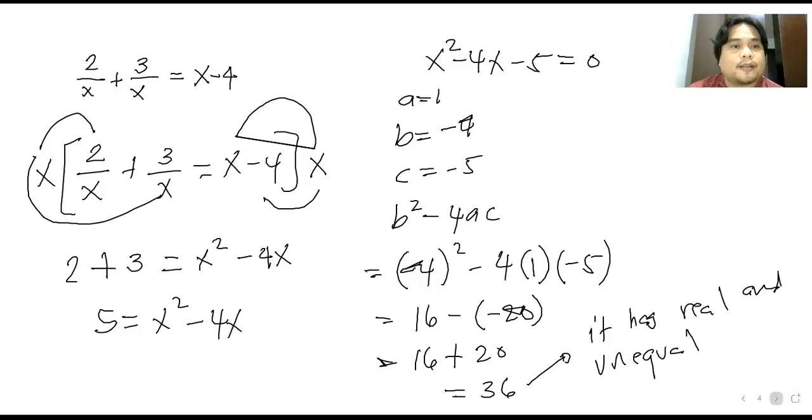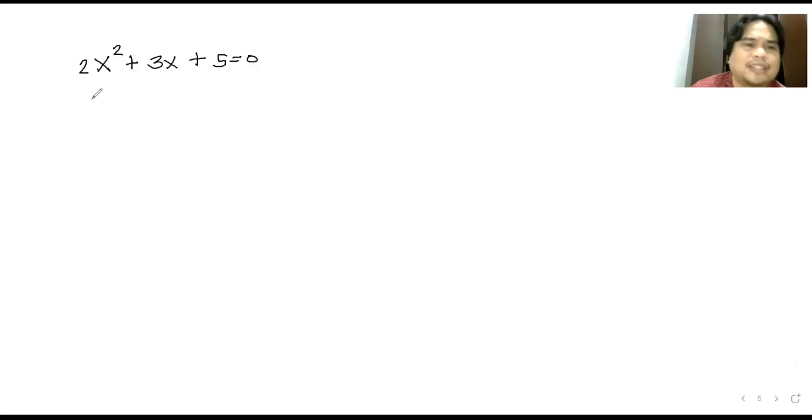Okay. Lastly, let's look at our last example. You have here 2x squared plus 3x plus 5 is equal to 0. In this case, you don't have to do any manipulation because the equation is already expressed in standard form. So you go directly to identifying the values. Your A here is 2, your B is 3, and your C is 5.